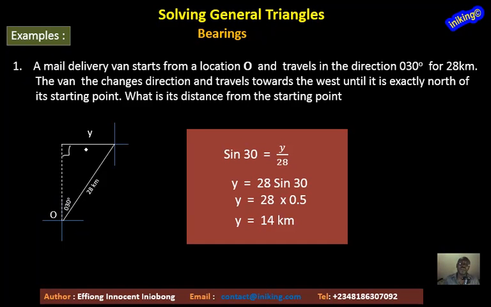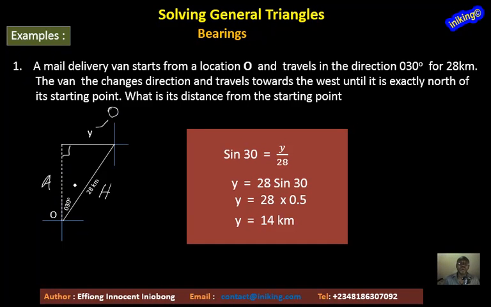Here, Pythagoras Theorem cannot work because we know only one side. But looking at the given angle here, 30 degrees, we'll agree that 28 is the hypotenuse, and then this other side will be the adjacent, and y is the opposite.